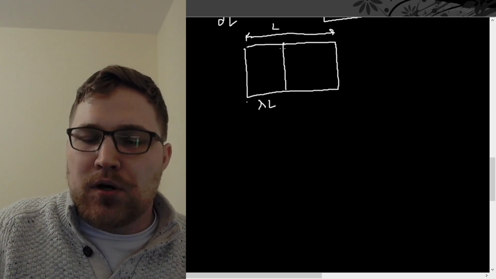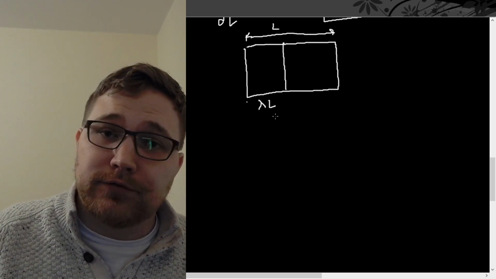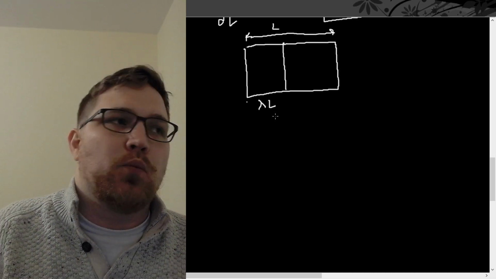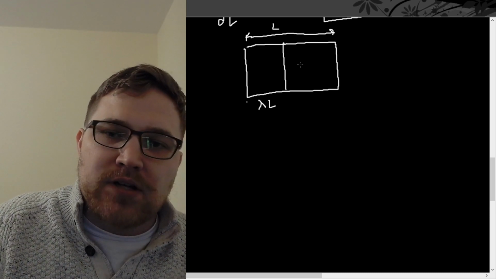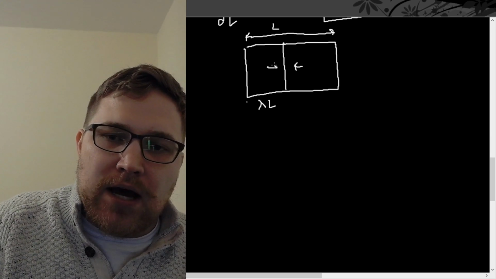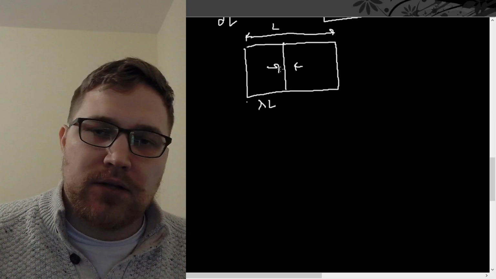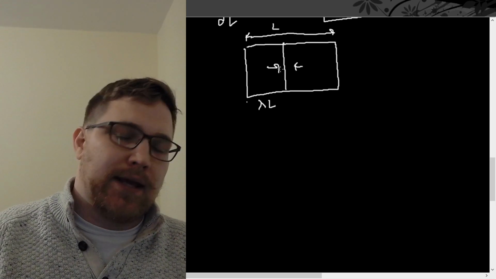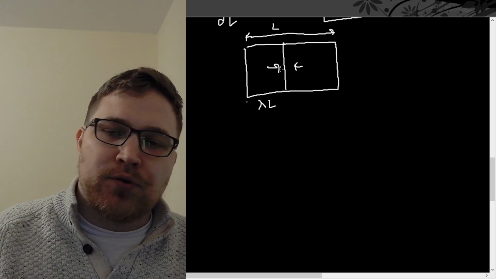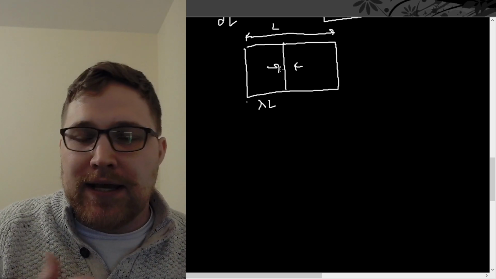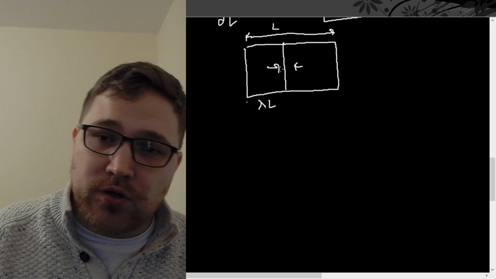We'll let this partition be free to move. Intuitively then, the equilibrium configuration is going to be one where the pressures coming from either side cancel each other out. This is an example of a physical constraint we could put on a system, so it's definitely not the only example. What we're about to do is a very general derivation and does not rely on this picture that I've drawn.